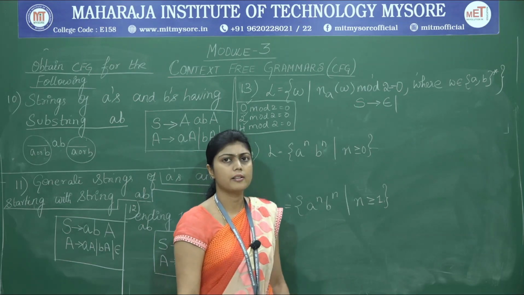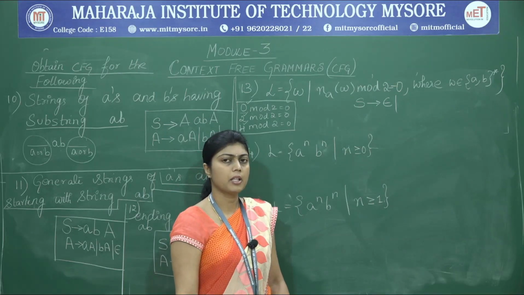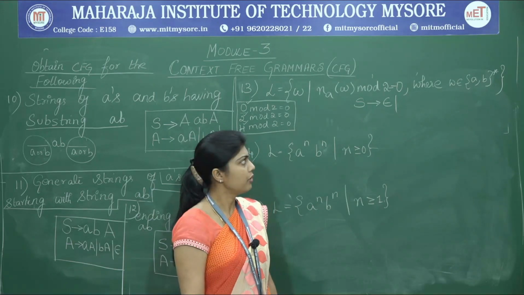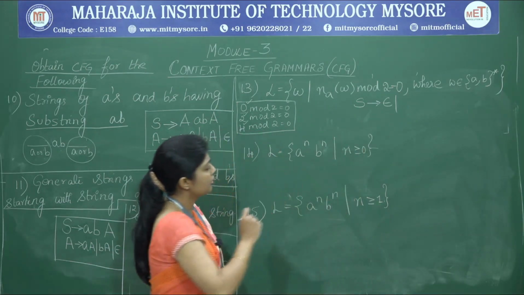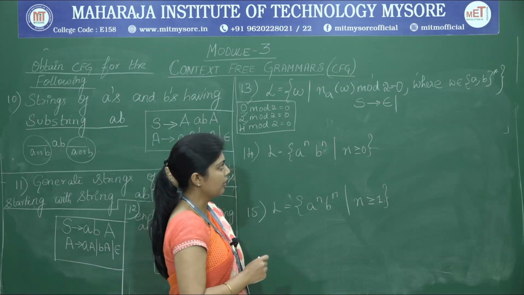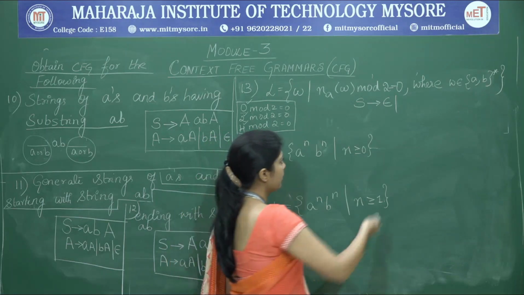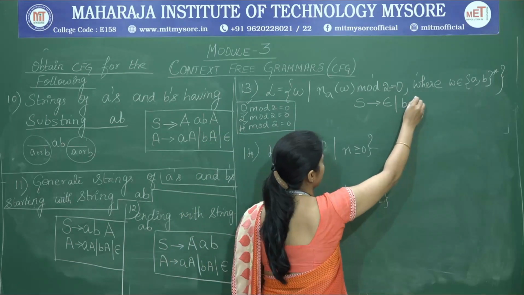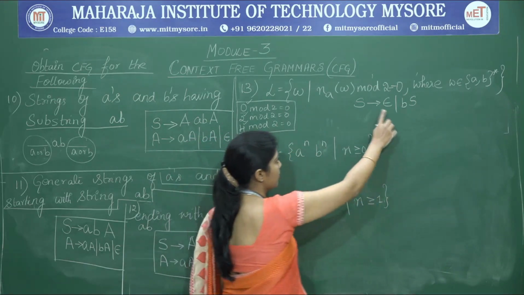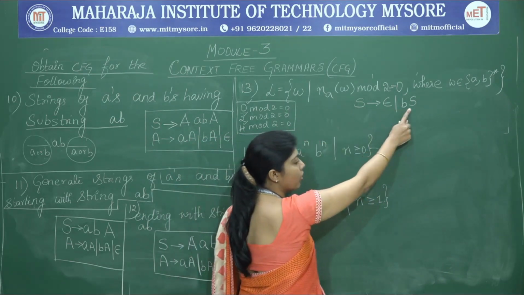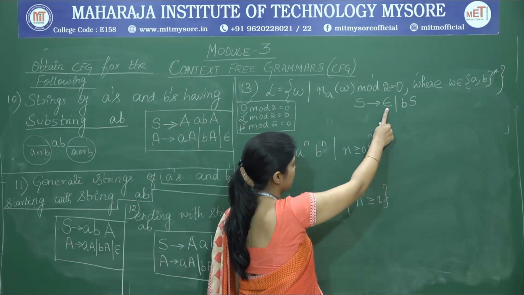If anything was added, such as there is at least one A and at least one B, some constraint defined on B, then we would consider it. So this is epsilon. It is also possible that there are 0 number of A's and more number of B's. So in that case, this has to generate more number of B's. Okay. So 0 number of A's and more number of B's, or 0 number of A's, 0 number of B's.